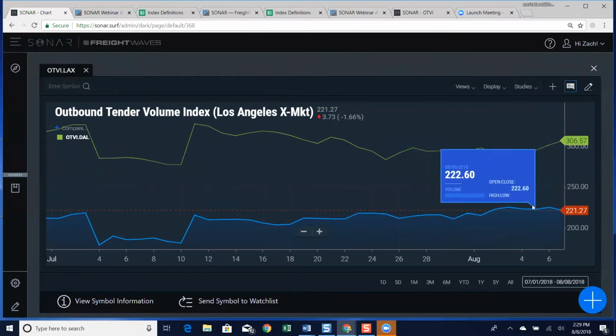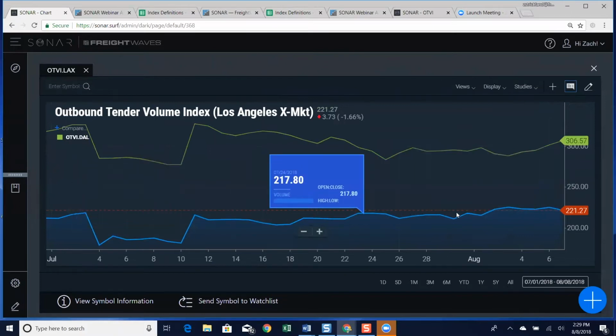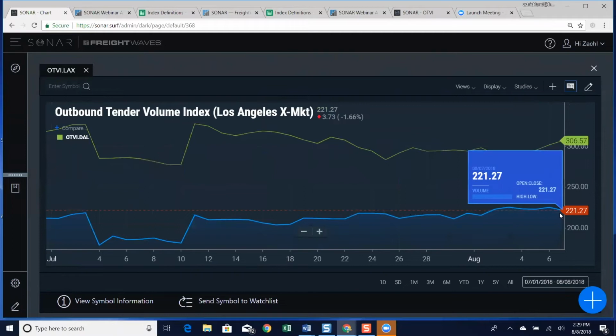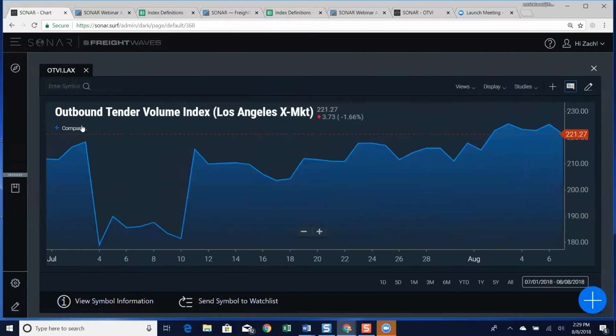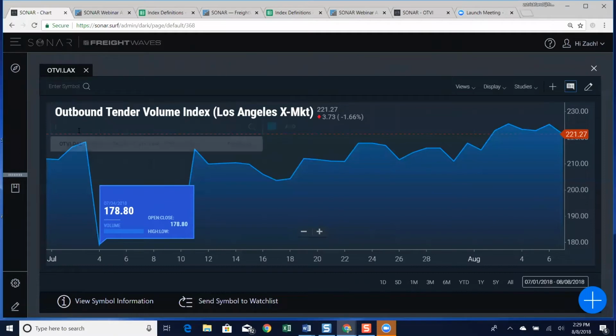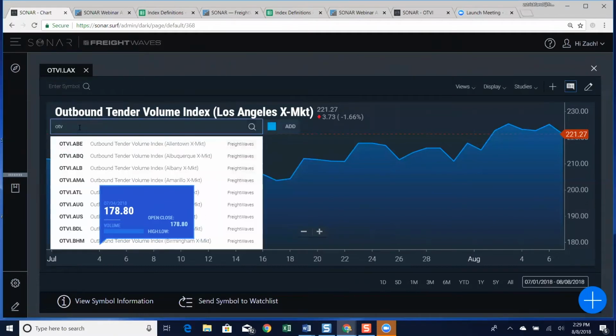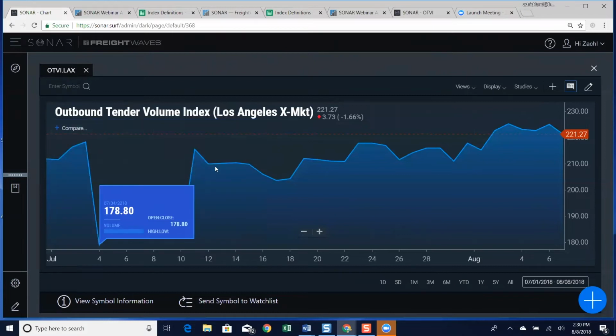From this chart, for instance, I can glean the Dallas volume is kind of flat to down. The LA volume is moving up. And I just deleted it by accident by clicking on it with my phone. So, user error. I'll pull it back up.